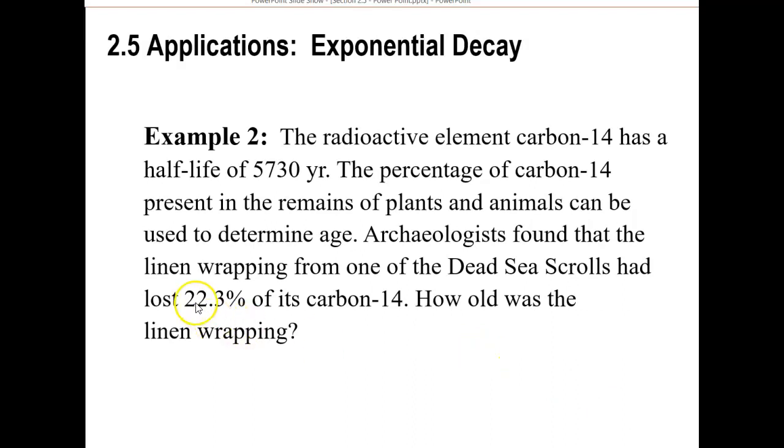And the other number, notice it said here in the original problem that it had lost 22.3% of its carbon-14, meaning that it has 77.7% left. That's how much still remains.